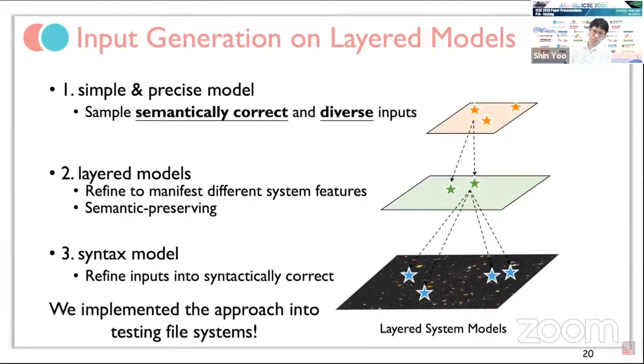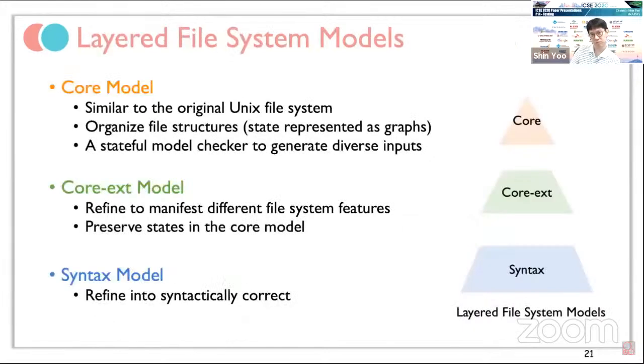We implemented this approach for testing file systems. First, we have a core model which organizes file structures, that is, the fundamental functionality of all file systems. The state can be represented as a structure graph, and we use a stateful model checker to generate diverse inputs.